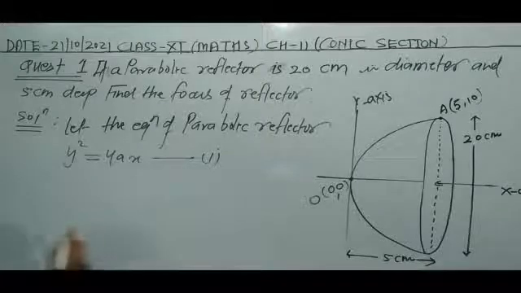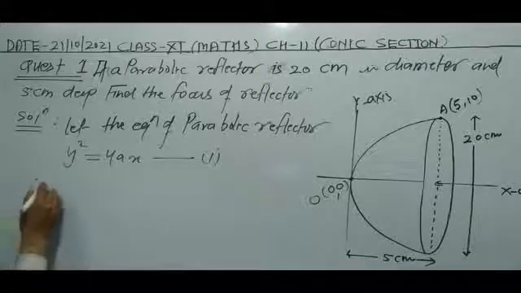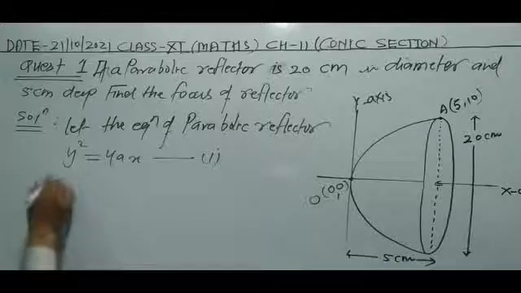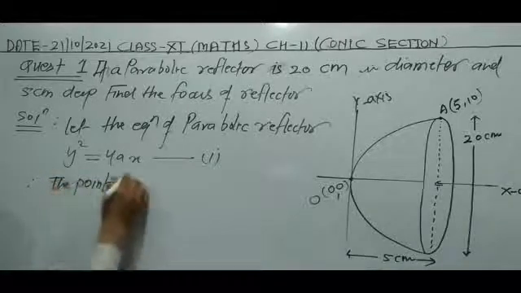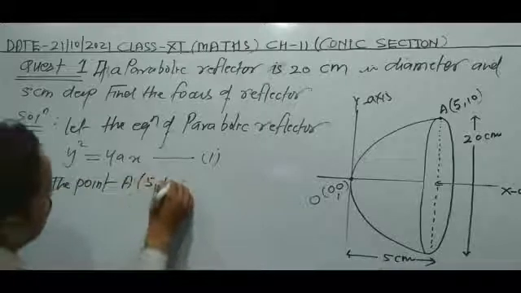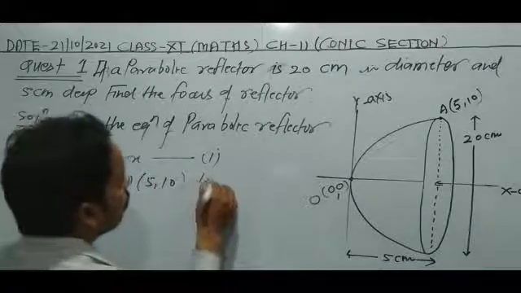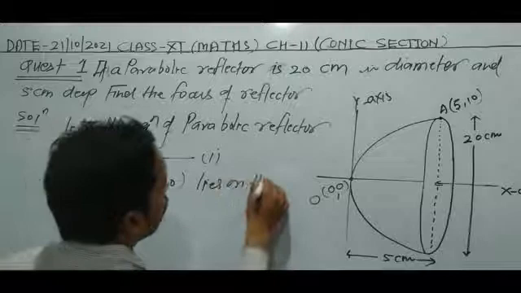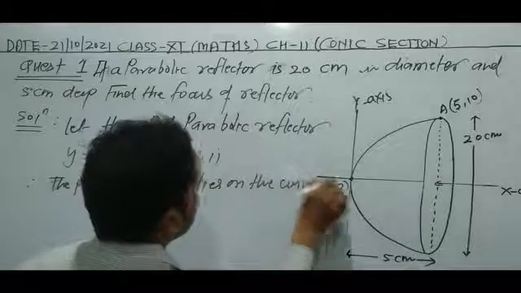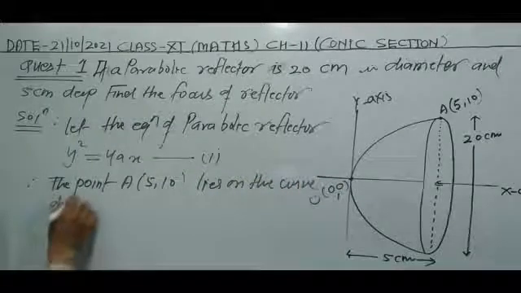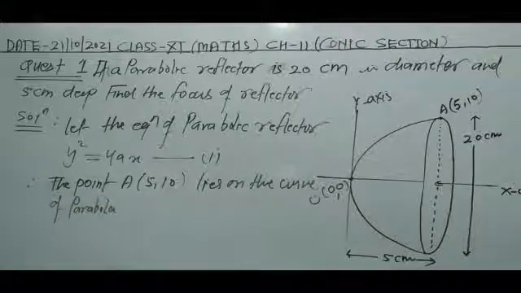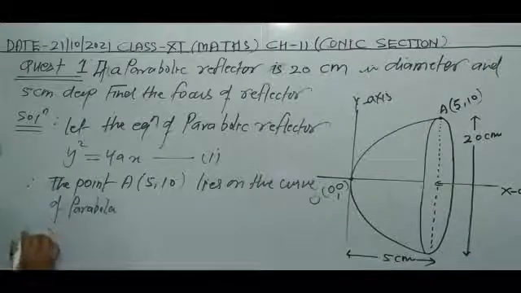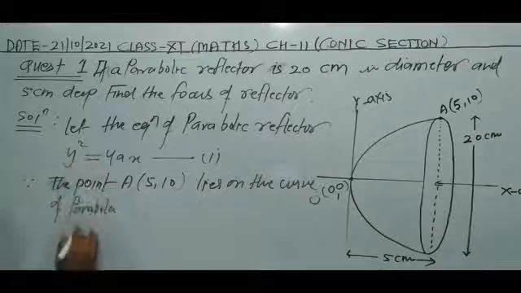Now you know, since the point A (5, 10) lies on the curve of the parabola, therefore it will satisfy the equation.